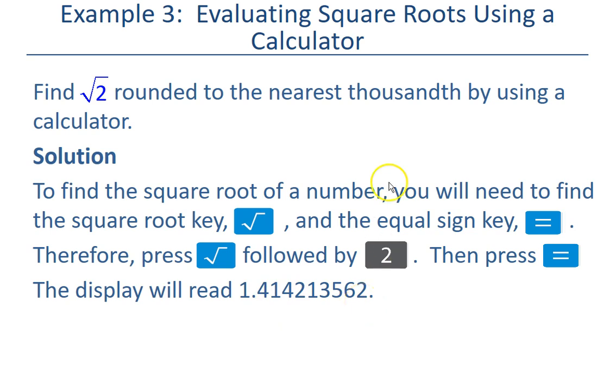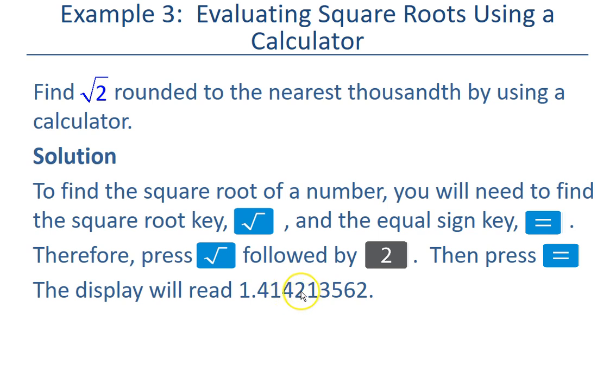And if they want it to the nearest thousands, that would be 3 decimal places. You would go to the 4th decimal place, and if this were 5 or more in the 4th decimal place, you would drop all of that and then just make the 4 here a 5.